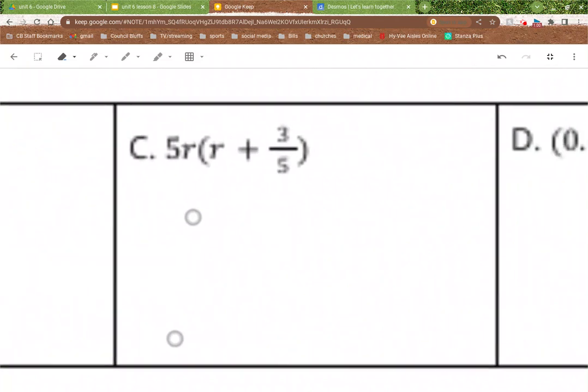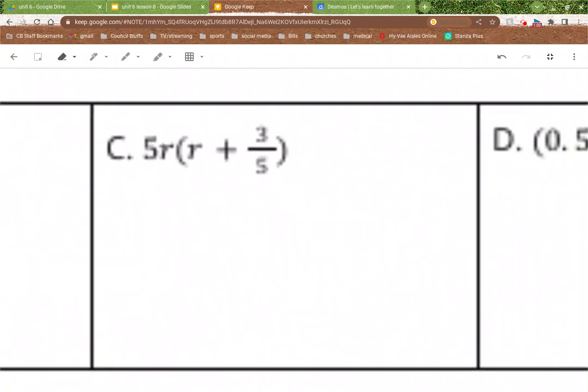And then let's take a look at C. Again, let's do the same thing. So this will be 5R, and this will be R plus 3/5.